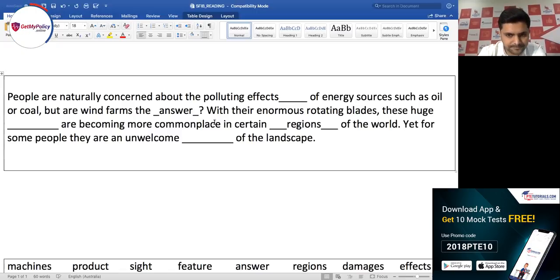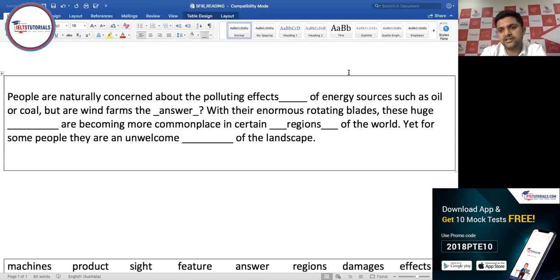Now, in this sentence we are talking about these. What are these? These here means the wind farms. So wind farms is a plural noun, and we are looking for a substitute for the wind farms.